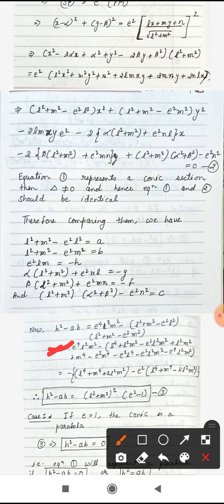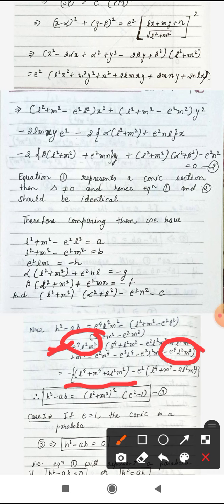Now this term and this term, after opening the bracket, both cancel out. So we are left with −L⁴ + M⁴ + 2L²M².